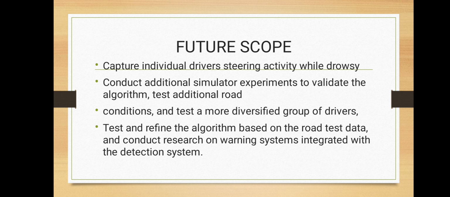They are capture individual drivers' steering activity while they are drowsy, and conduct additional stimulator experiments to validate the algorithm, and test additional road conditions, and test a more diversified group of drivers, and test and refine the algorithm based on the road test data, and conduct research on warning system integrated with the detection system.